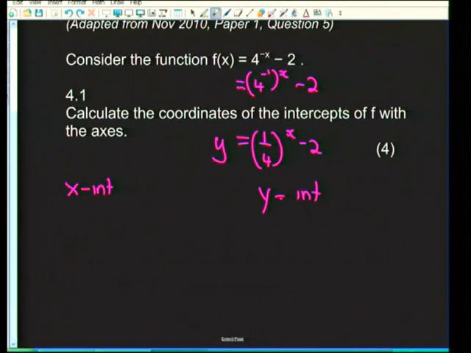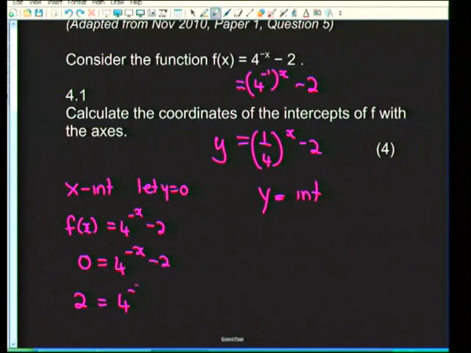I personally prefer to work with it in this format. It doesn't really matter, so maybe I should work with the original. So let's work with the original. f of x is equal to 4 to the minus x minus 2. For an x-intercept, we let y equal 0. So 0 is equal to 4 to the minus x minus 2. So 2 is equal to 4 to the minus x.